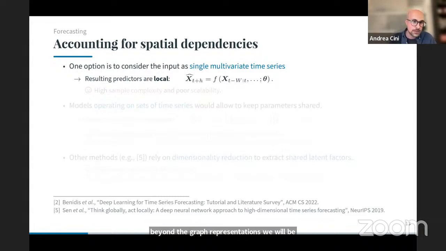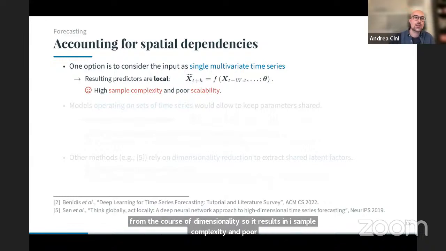The naive option, the straightforward thing to do, would be to consider the input collection of time series as a single very large multivariate time series, but this clearly has severe scalability issues, since it suffers from the curse of dimensionality, so it results in high sample complexity and poor computational scalability.